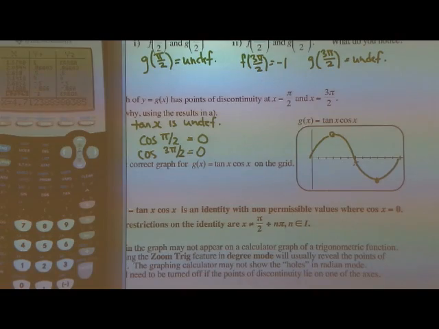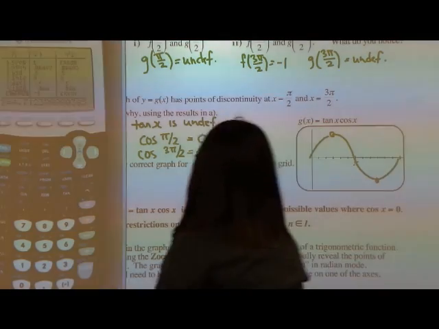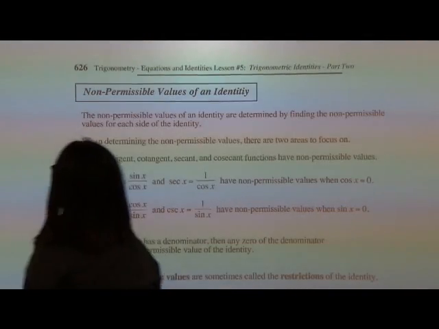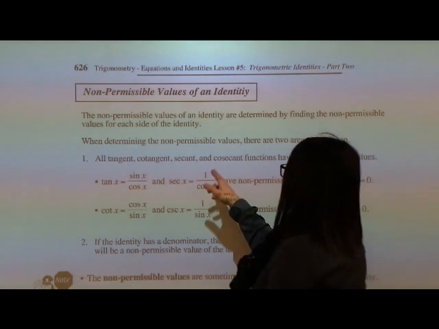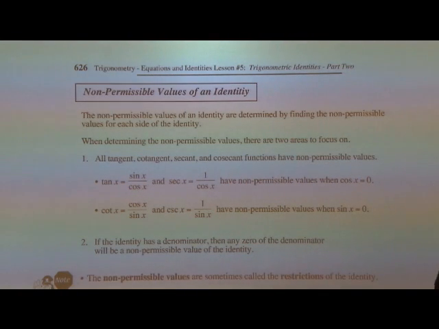Okay? So if we look on the next page, it just talks about the non-permissible values of an identity. When you are determining the non-permissible values, there are two areas to focus on. Tangent, cotangent, secant, and cosecant functions will have non-permissible values because all of them consist of a denominator.